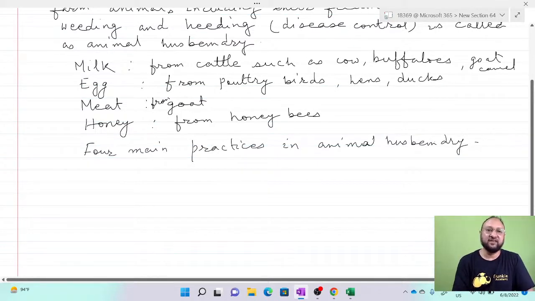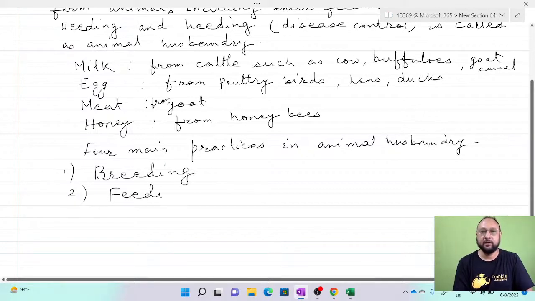Number one is breeding. We need to breed the animals. Then is feeding. Number three is weeding. I'll explain one by one. And now the healing, controlling the disease.